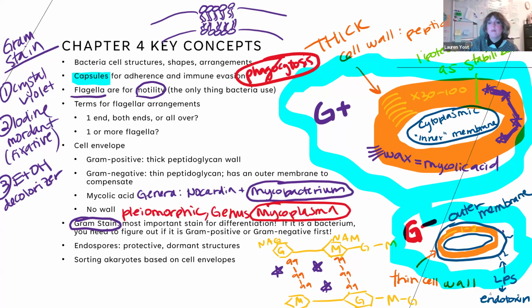It'll just remove what didn't get stuck, but our gram positives will stay crystal violet. But we remove the crystal violet from the gram negatives because it didn't get fixed in place, but not from the gram positives. So the gram positives would stay purple at this point. The gram negatives would be colorless at this point. Okay. And then our final step is our counter stain, which we use safranin in.